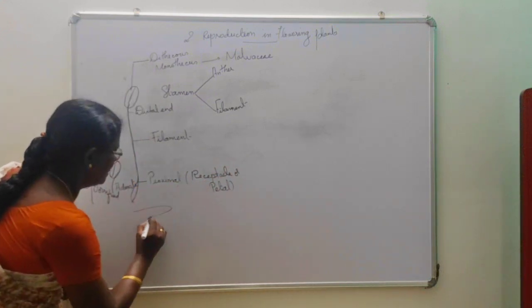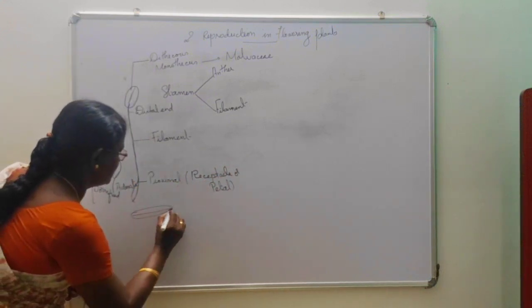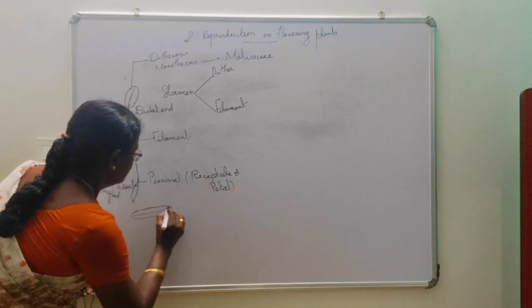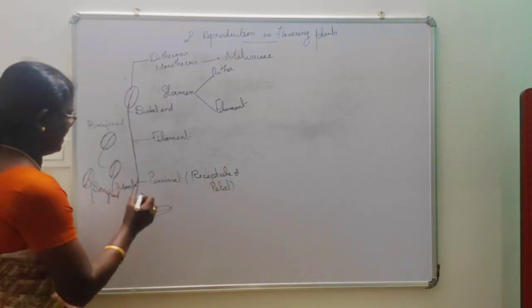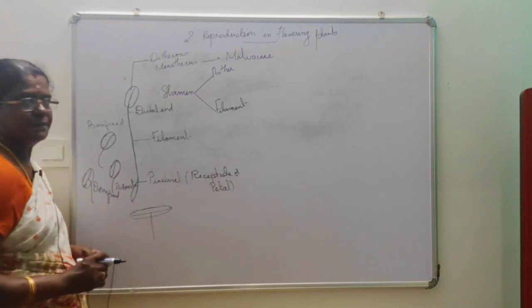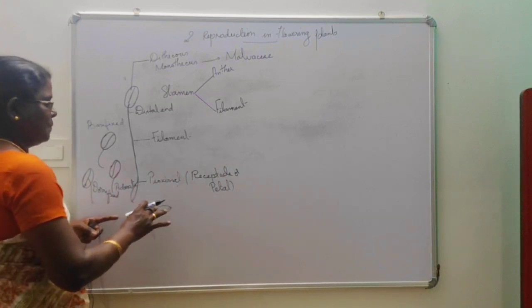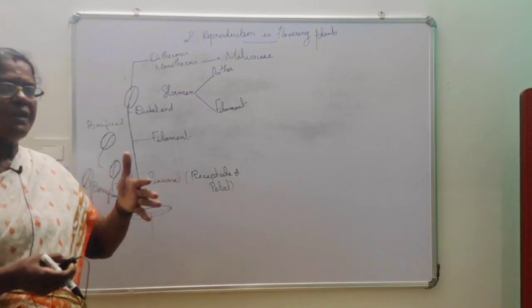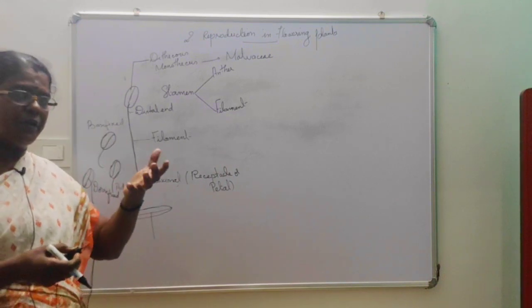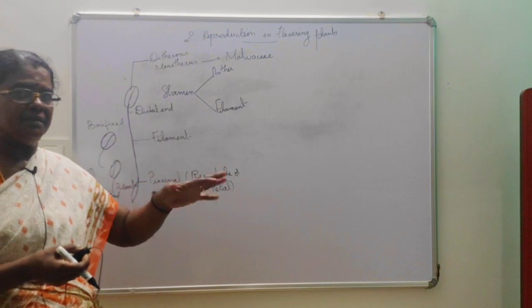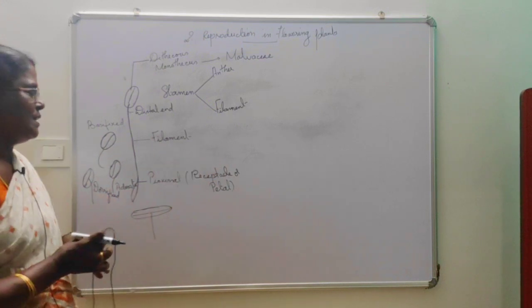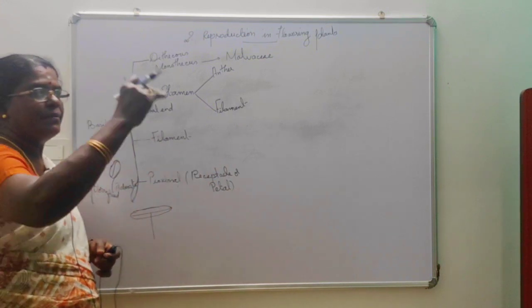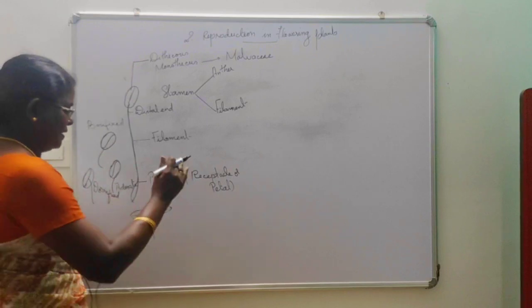In some flowers, a long anther is present, which is also bilobed, and the filament is attached at the center. In this structure, when the wind blows, the anther moves like this, and the pollen grains are carried by the wind.